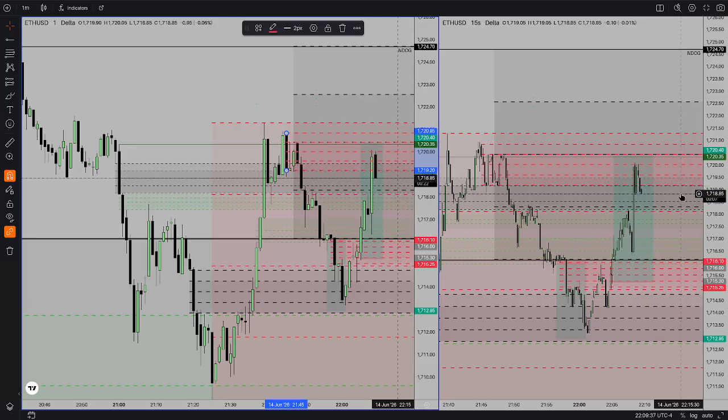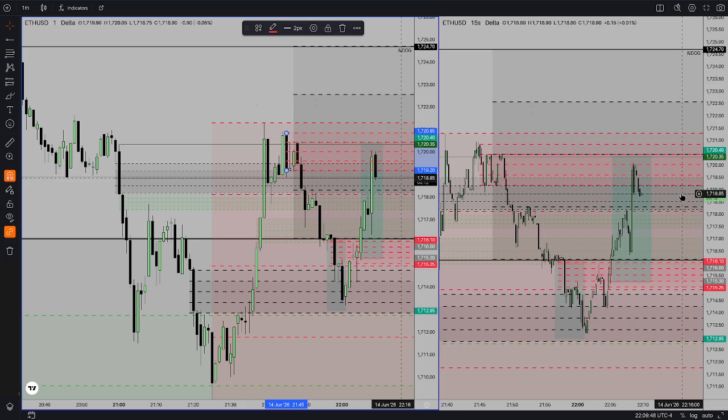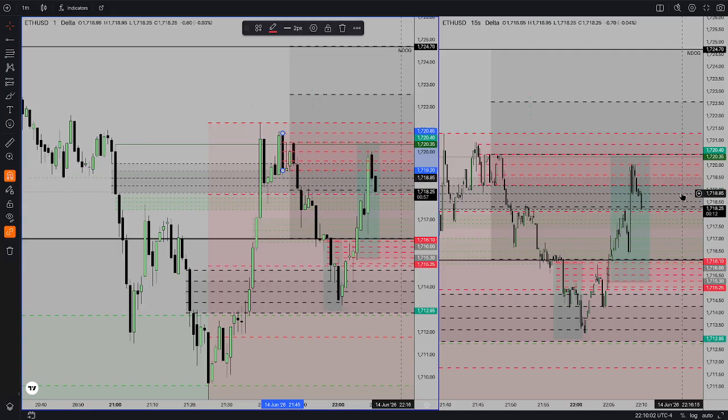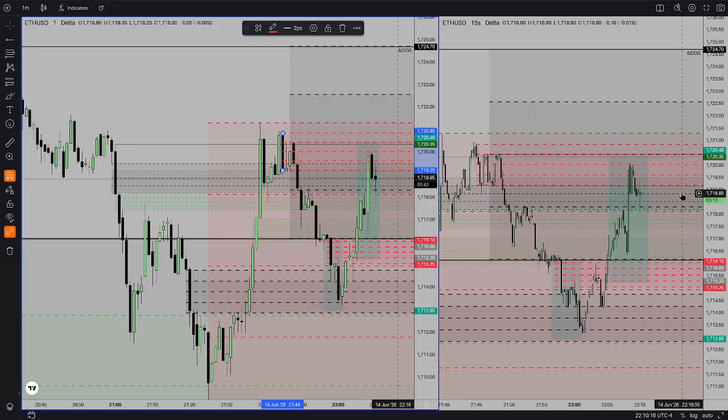This, it's actually the consequent encroachment area. I want to see how it reacts from this level. Ideally, it should not do like this.